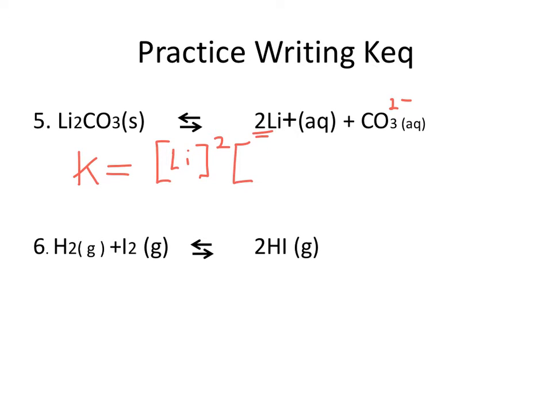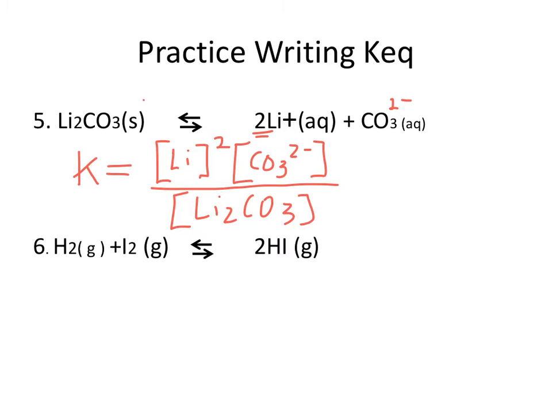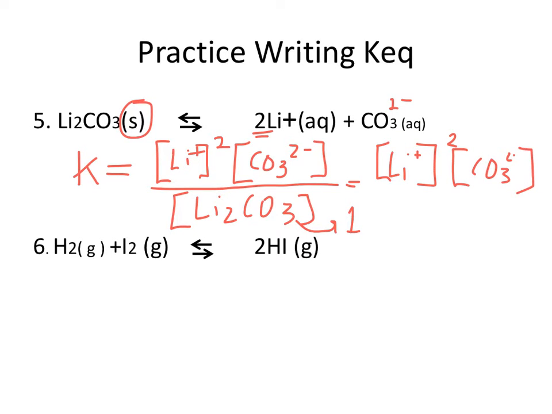The other product is the carbonate ion, and again that's aqueous, so that counts in the equilibrium constant expression. All over lithium carbonate, which we see is a solid, so this really becomes a 1, and the equilibrium expression for this then becomes Li plus squared times the carbonate ion.